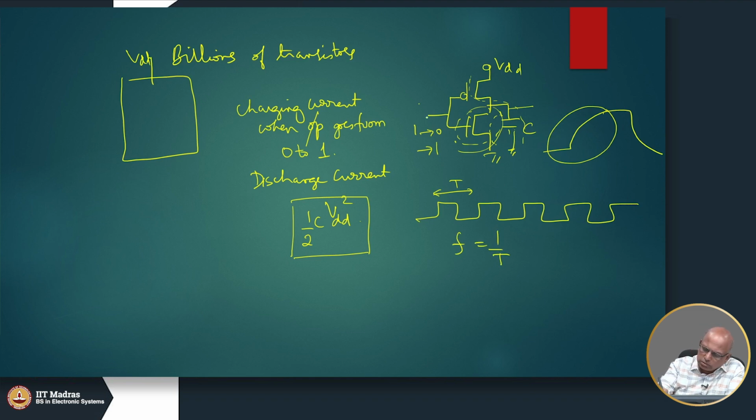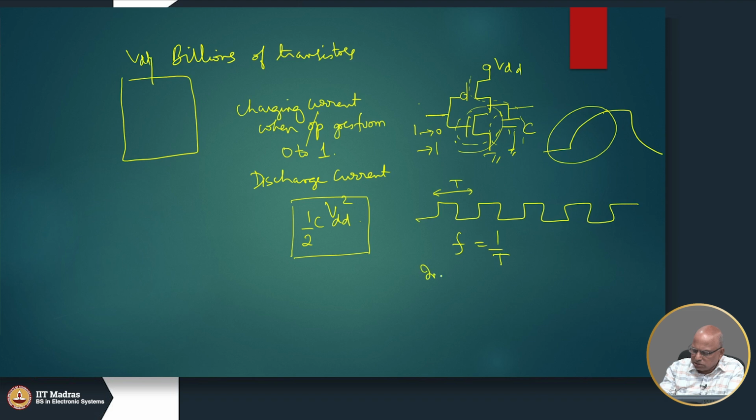Now, the input to this NOT gate may change occasionally. Let us say that for some small percentage of the clocks, the input is changing from 0 to 1 or 1 to 0.